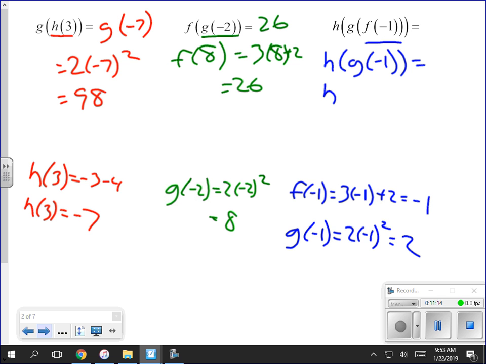So this is actually h of 2. Which is negative 2 minus 4, which is negative 6. You work your way from the inside out. You have a composite function, you work your way from the inside out.